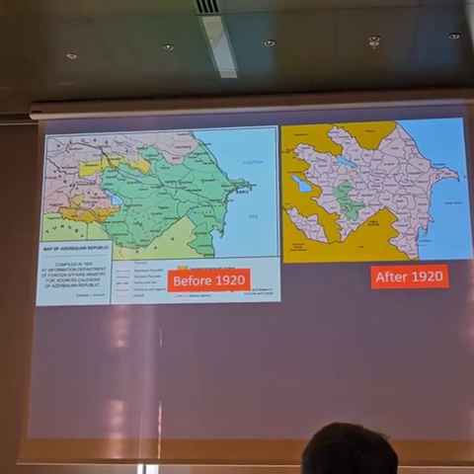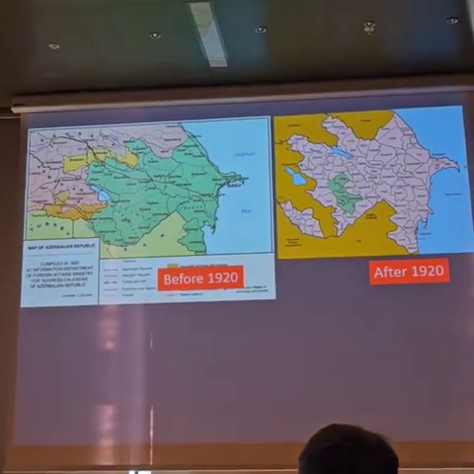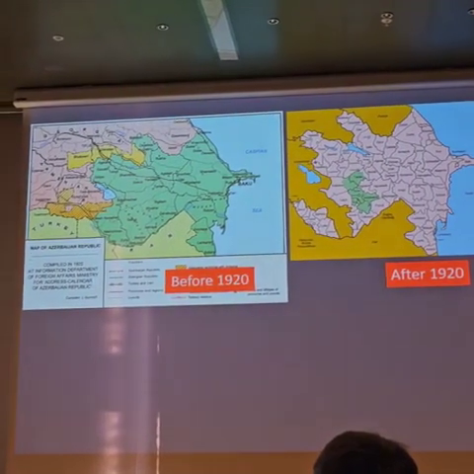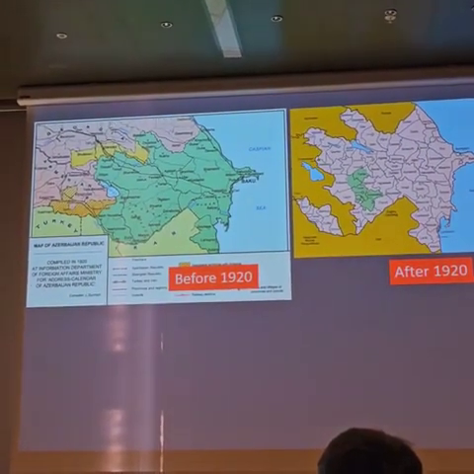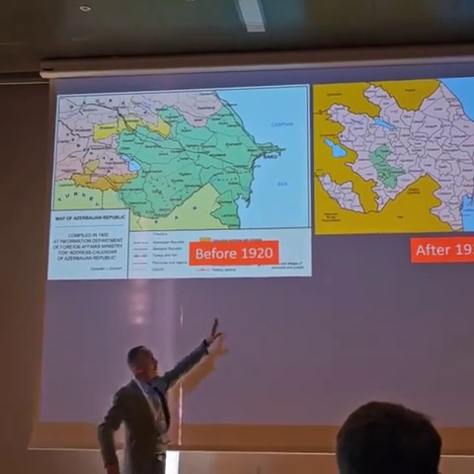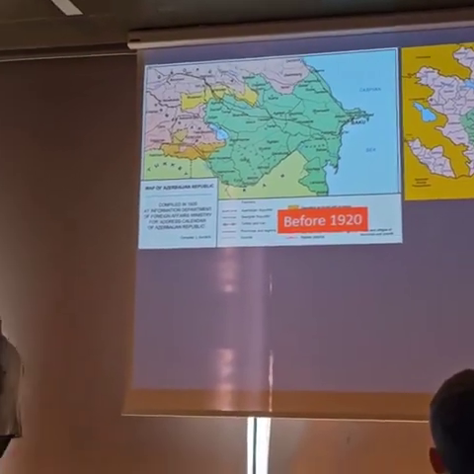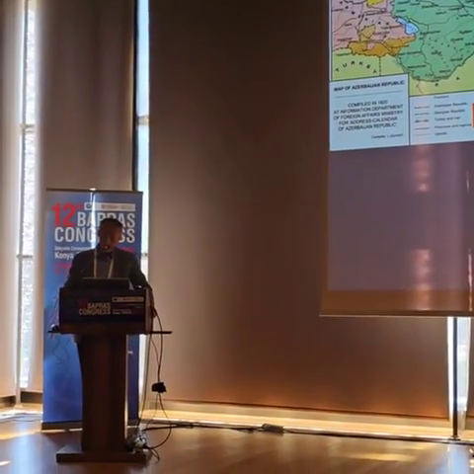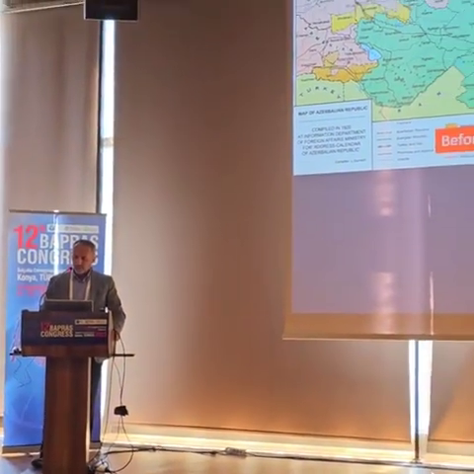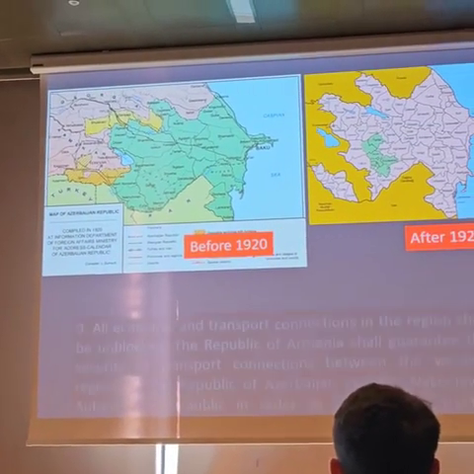After the Russian occupation of Azerbaijan in 1920, the region of Zangezur was given to Armenia, and thus Azerbaijan was divided into two.